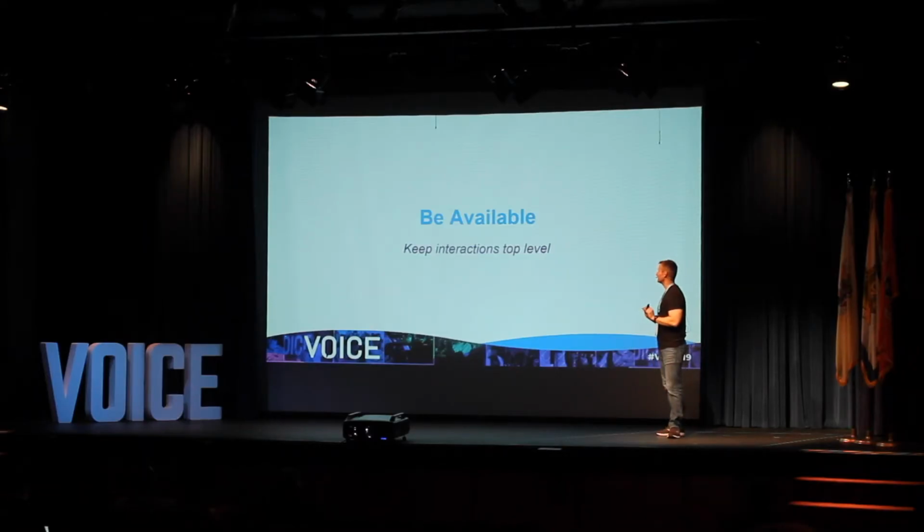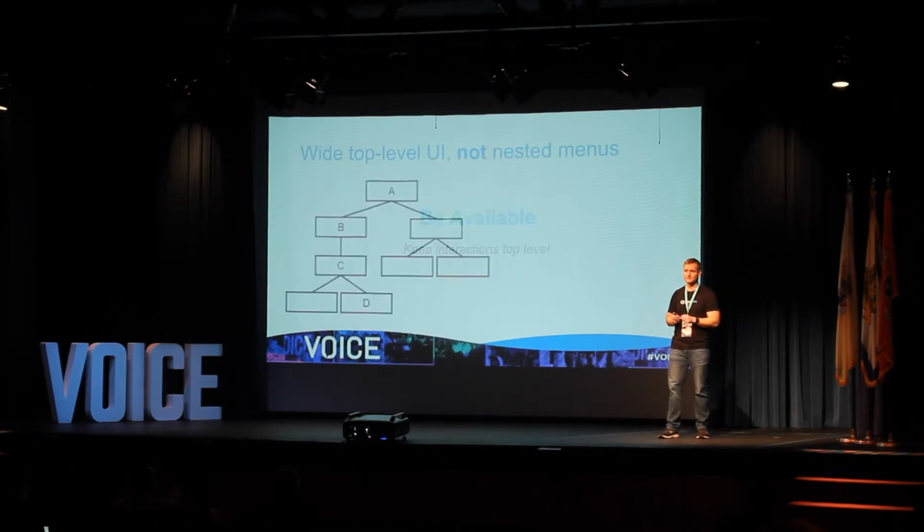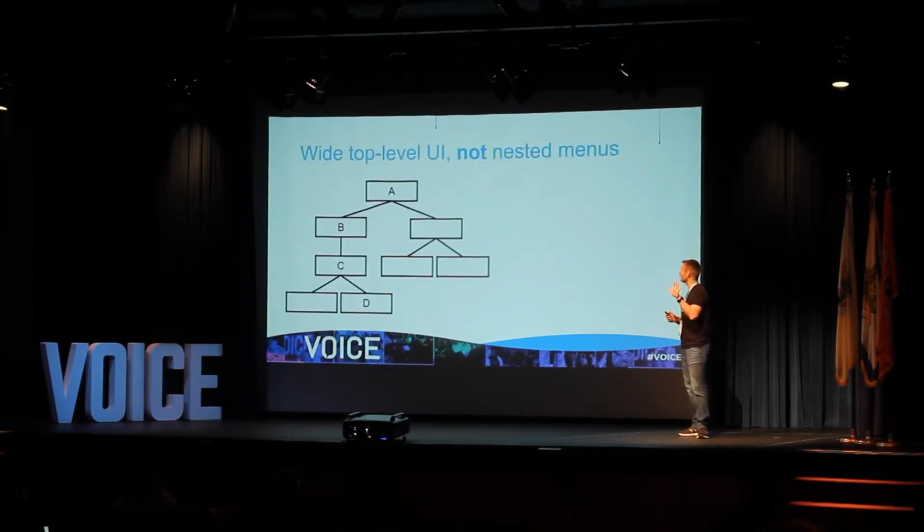Now, the final important principle that I want to talk about, and it's perhaps the situation in which voice design differs most profoundly from visual design, can be encapsulated in this idea that you want to be available. In other words, you want to keep all of your interactions top level. Now, this is not the case with visual design.